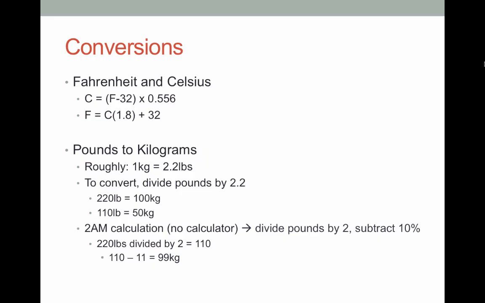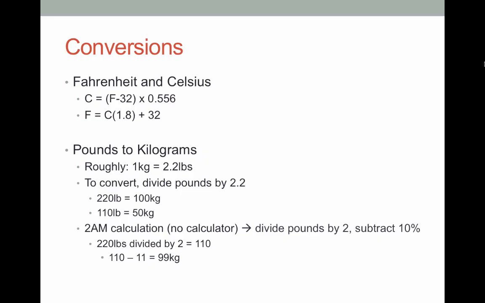To convert that into kilograms, roughly 1 kilogram is 2.2 pounds, so you can take the pounds and divide by 2.2. So 220 pounds is going to be 100 kilograms, and 110 pounds is going to be 50 kilograms, but you might not always have a calculator right in front of you. So to divide by 2.2, do a rough 2 a.m. calculation, where your eyes are bleary, you're drowsy, and you don't have a calculator anywhere near you. Take the pounds, divide it by 2, and then take that number and subtract 10% from it.